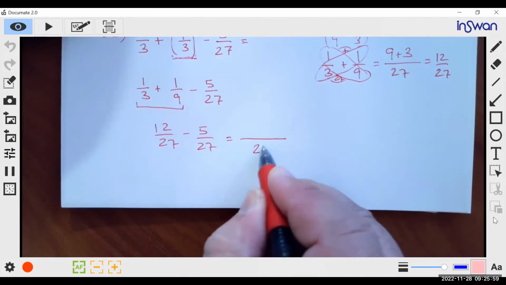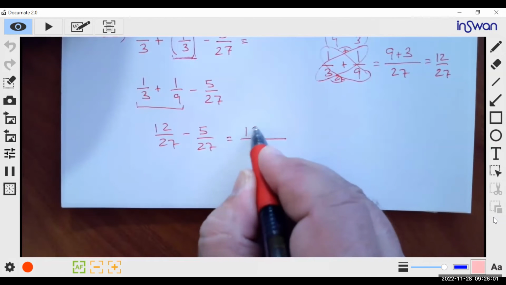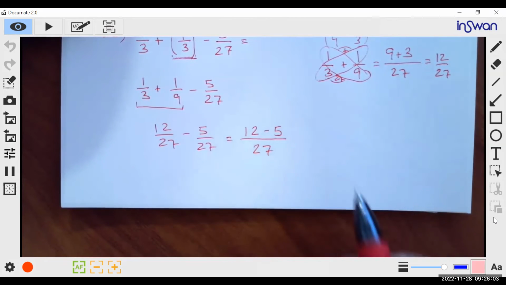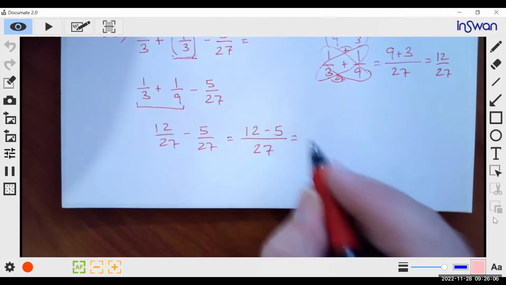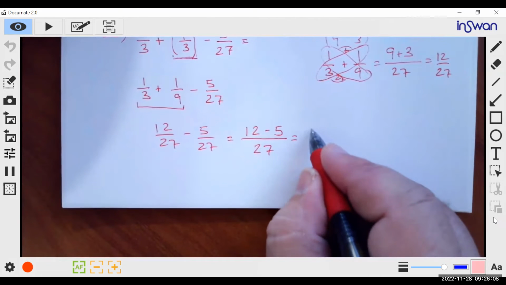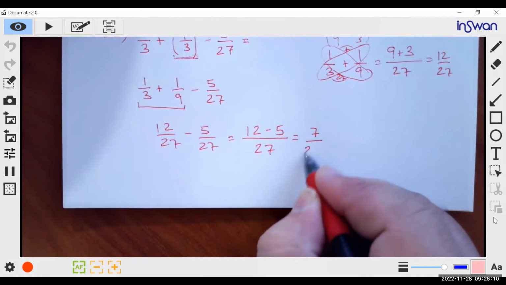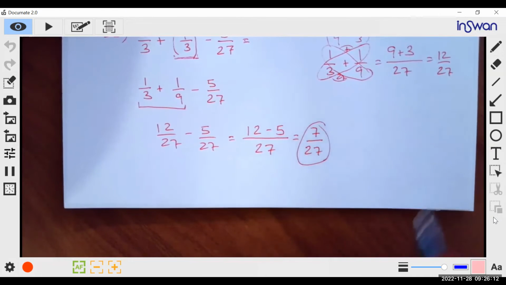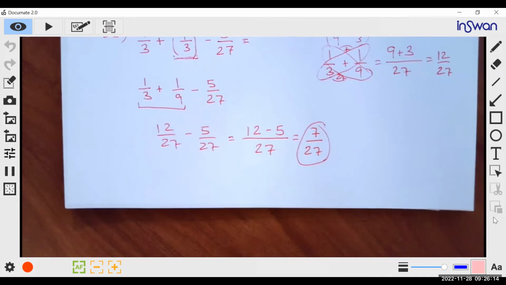Since you have a common denominator, worry about the top. 12 minus 5 is 7. 7/27 is the answer. Twenty-seven is made up of 3 times 9, so nothing goes inside there.